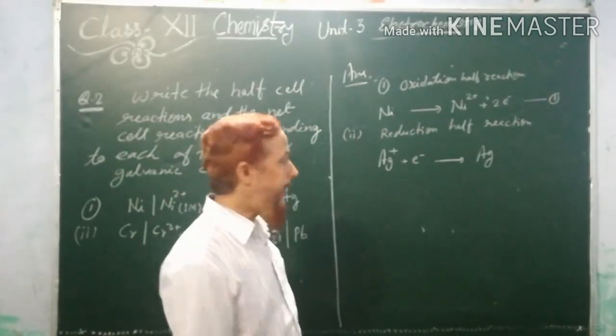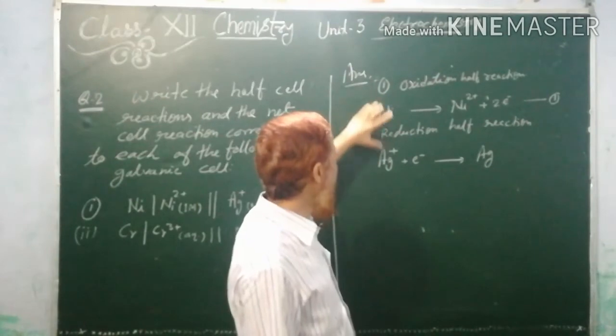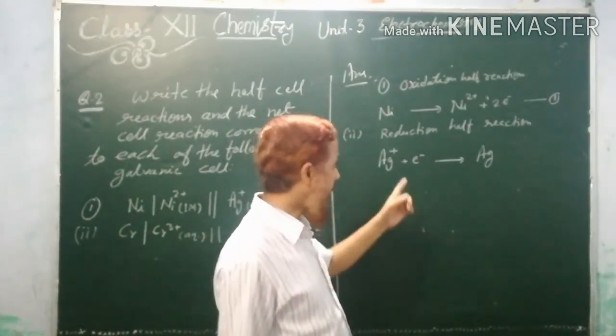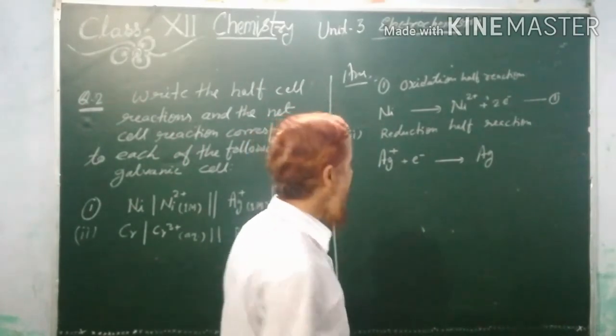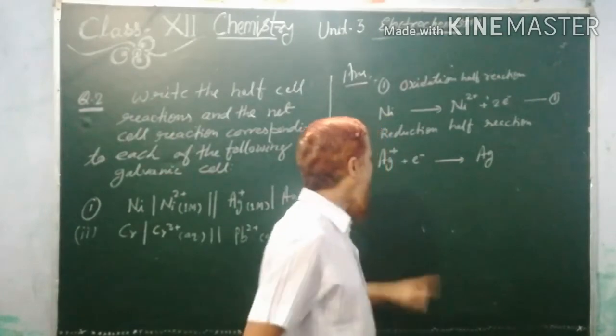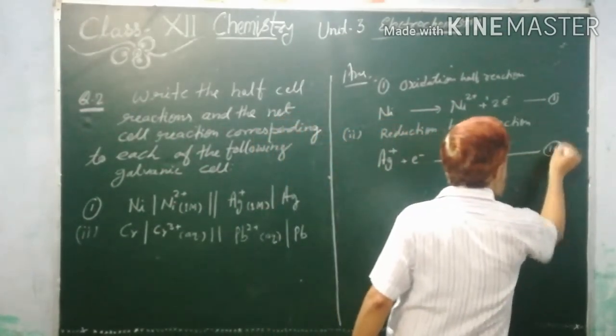But for the net cell reaction, we have to add both half cell reactions with an equal number of electrons. But you see the electrons are not equal. In the first equation 2 electrons are involved, but in the second equation 1 electron is involved. Suppose this is the second equation.